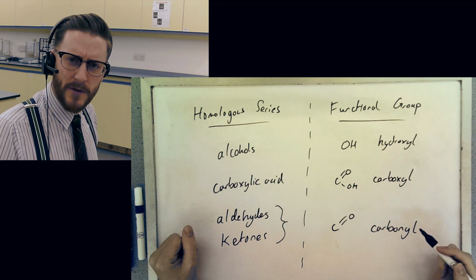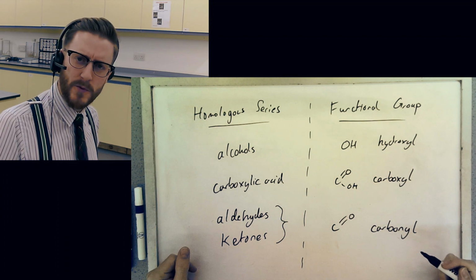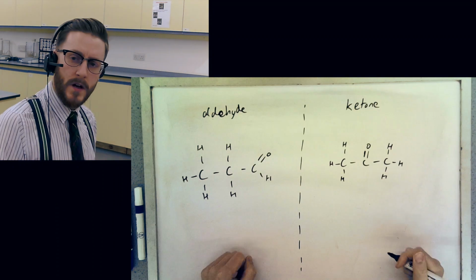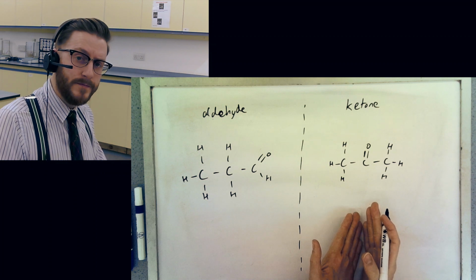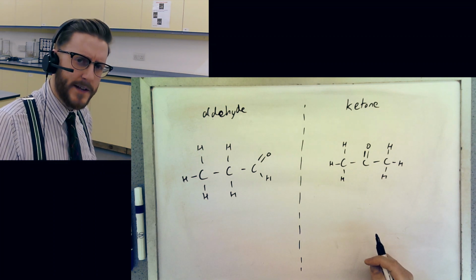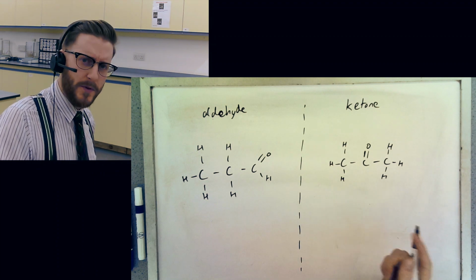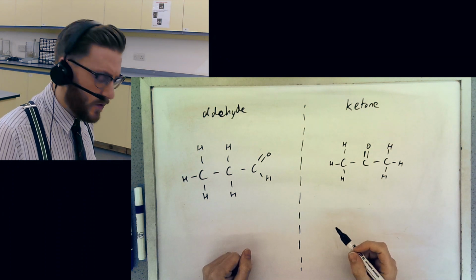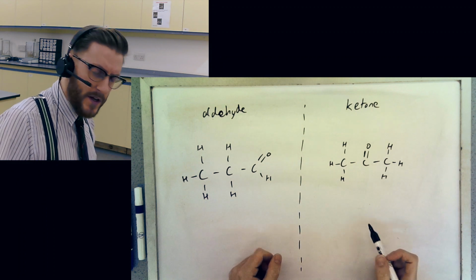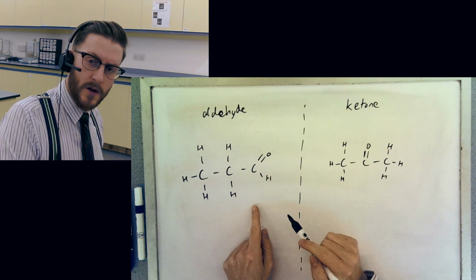So then how can I tell the difference between an aldehyde and a ketone when I see one? Let's take a look. Now I've drawn out an aldehyde and a ketone. I know which one's which, but how would you know? Well, the way that we work out if you have an aldehyde or a ketone is the position of the carbonyl.